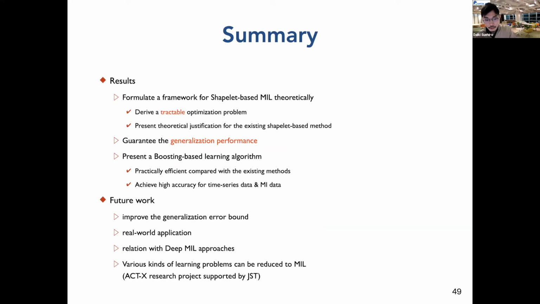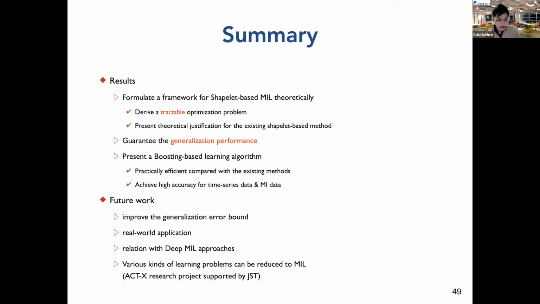And actually, our theoretical result justifies not only our method but also the existing shapelet-based method using the training instances in the training bags. And we guarantee the generalization error performance. And we present a boosting based learning algorithm, which is practically efficient compared with the existing methods, and achieves high accuracy for time series data and multi-instance data.